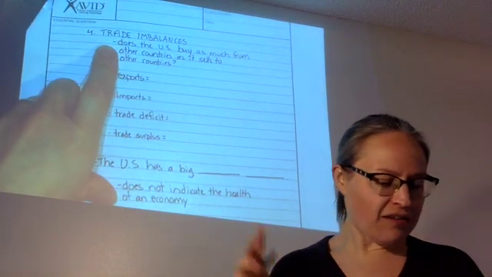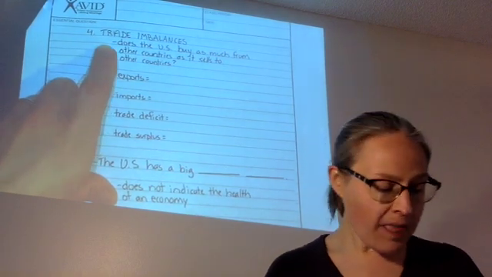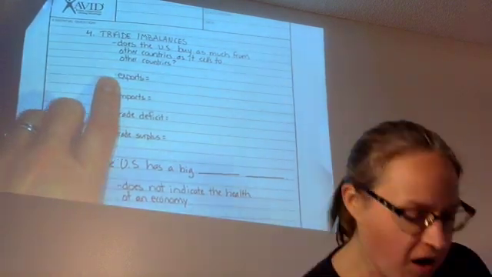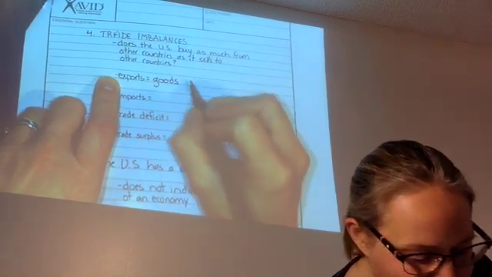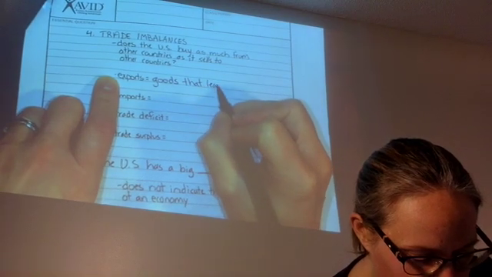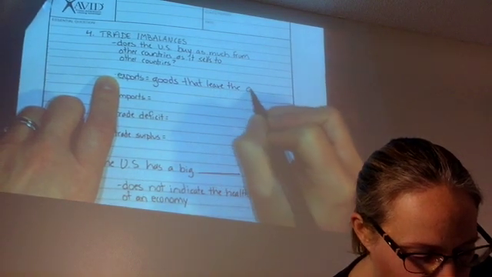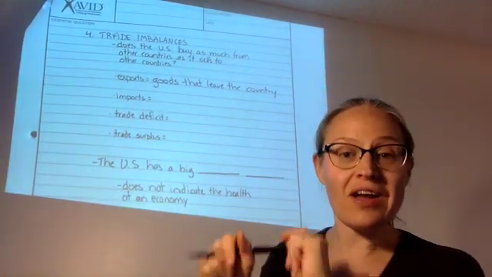So we just said this, the US doesn't buy as much from other countries as it sells to other countries. We need to know what exports are. Exports are goods that leave the country. I remember it because exports exit the country.